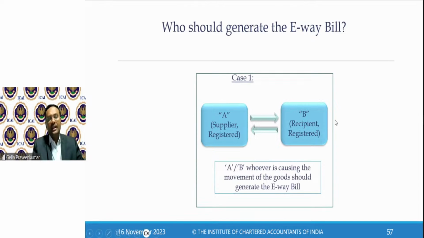I repeat, if it is an ex-works transaction, at the doorstep of A, goods are transferred to B, then B will prepare the e-way bill. If it is a FOR transaction, at the doorstep of B, the ownership is getting transferred, then instead of B, A will prepare the e-way bill. So in case of both parties registered under GST law, A or B, whoever is causing the movement, shall prepare the e-way bill.